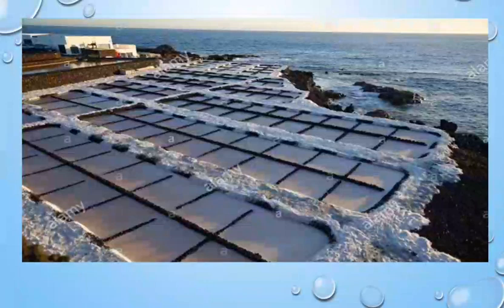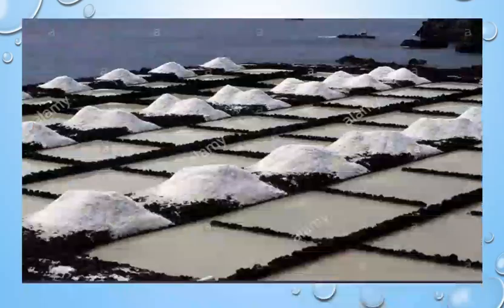In these salt pans, seawater gets collected, and because of the sun's heat, the seawater gradually gets evaporated. That is, it becomes vapor and disappears. When there is no water, salt is left. What white material you see here in the picture is the deposition of salt. Now, can you see these heaps of white crystal accumulated?